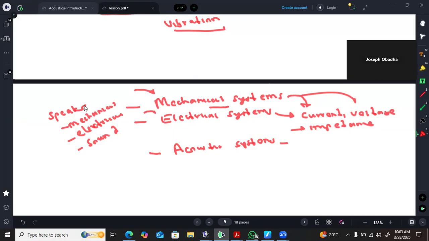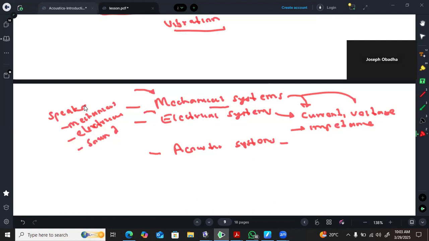So our study would actually start by discussing the vibration in general, and specifically the vibration in mechanical systems.